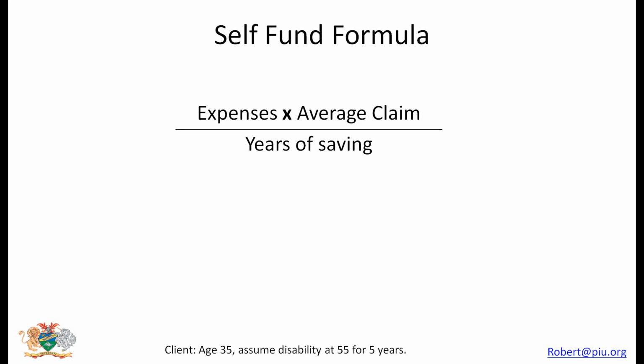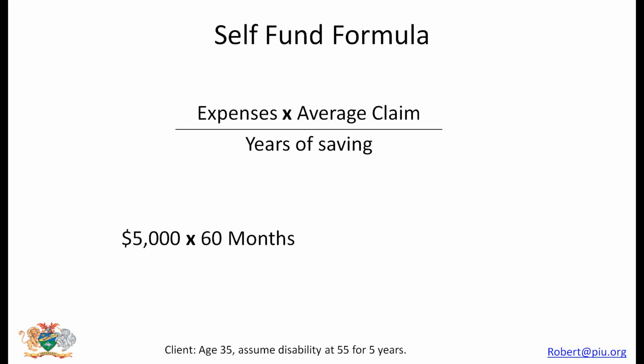So in our example here at the bottom, we're going to assume this client is age 35. Let's say we're going to prepare as if he were to be disabled at 55, and he would be disabled for a 5-year period, about the average claim. So he's spending $5,000 a month, the average claim period being 60 months.